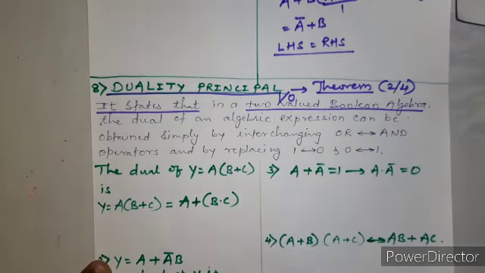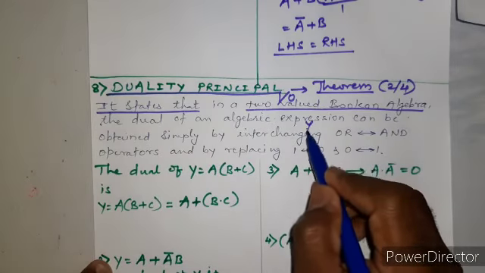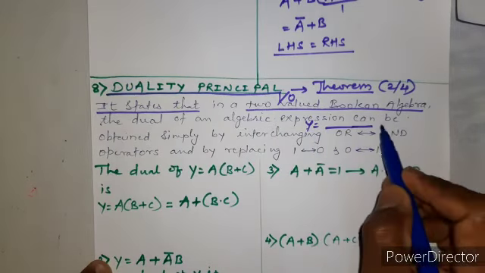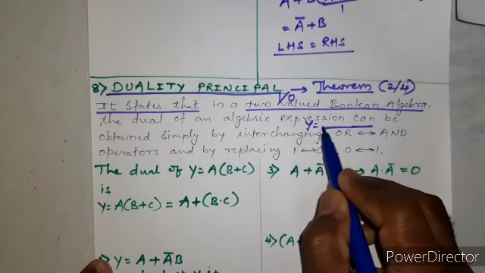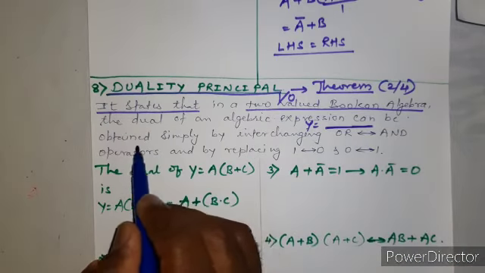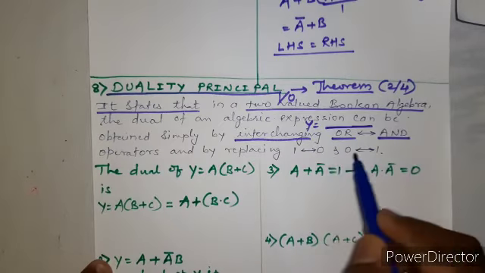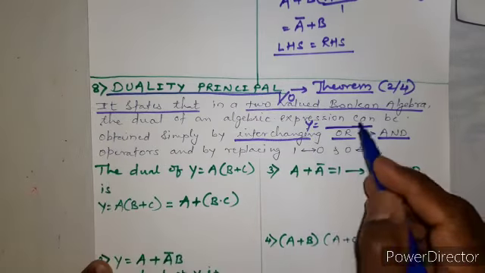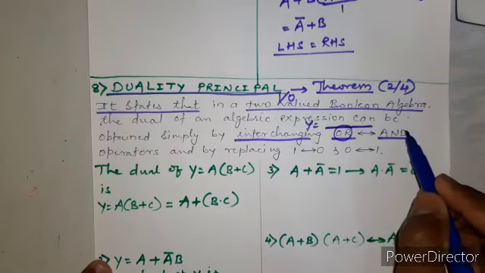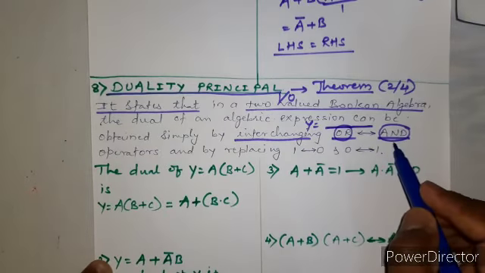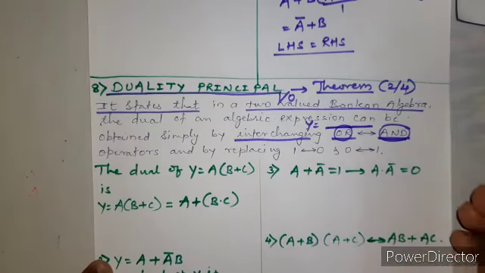If we have some equation, Y equal to some expression, you can obtain the dual of this equation simply by interchanging OR and AND operators. If you have OR operator, replace it by AND, and if you have AND operator, replace it by OR.